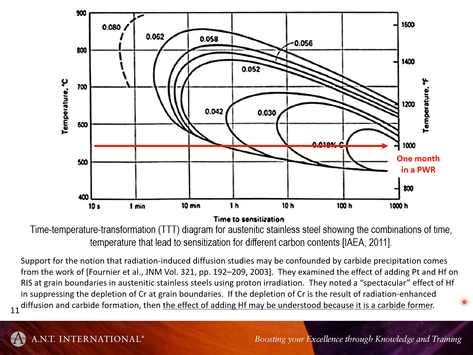And when I read that, I thought, oh, that's not a surprise, because hafnium's a carbide former. So it struck me that perhaps, I don't know for sure, but perhaps the fact that they have hafnium in there, the hafnium gathers the carbon, and the chromium is basically left in its normal state. It's not preferentially depleted. So I would hazard a guess that the particular relationship with hafnium is important because hafnium is a carbide former.